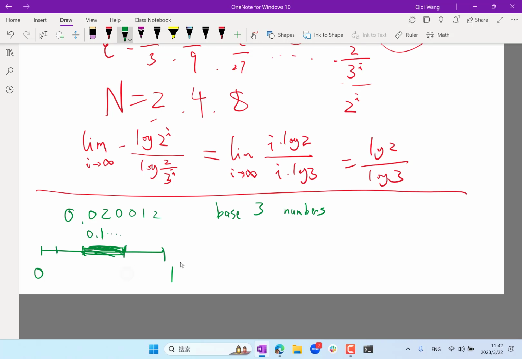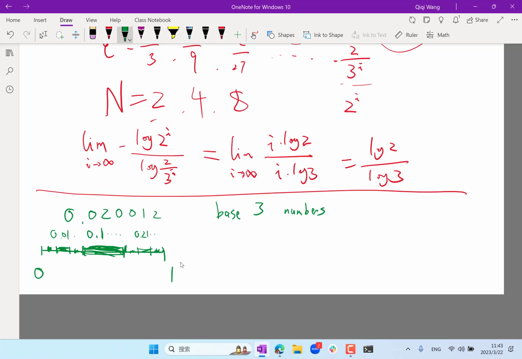This region is 0.01 something, while this region is 0.21 something. If you exclude the digit 1, you get rid of these. Then there are finer regions that represent 0.001 something, 0.021 something, 0.201 something, 0.221 something. These are also excluded. This helps you understand what the structure of this set is. You are basically removing a digit from a base 3 representation of all real numbers.